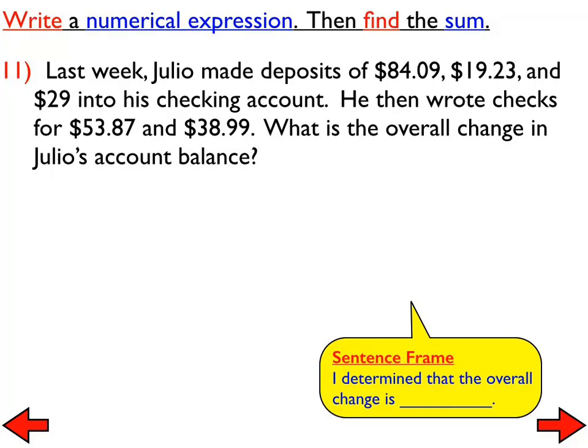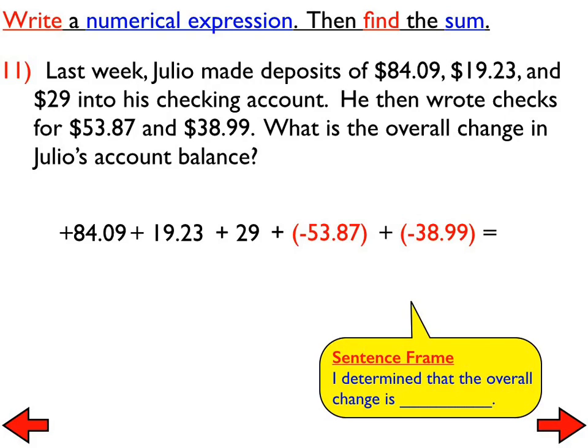So we represent each situation with a specific rational number. Positive 84.09 plus 19.23 plus 29, those are all the deposits. And then he wrote checks. Remember, when you write a check, it's taking money out of your account. So plus negative 53.87 or minus 53.87, and then plus negative 38.99.